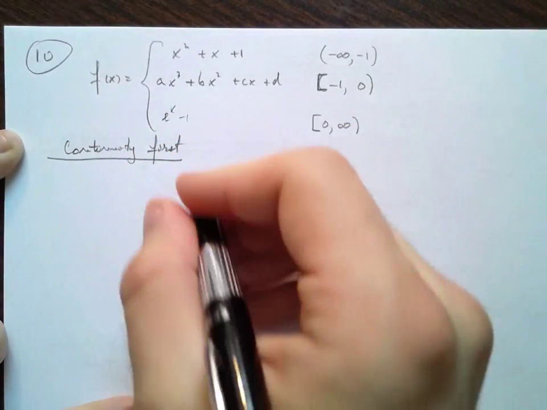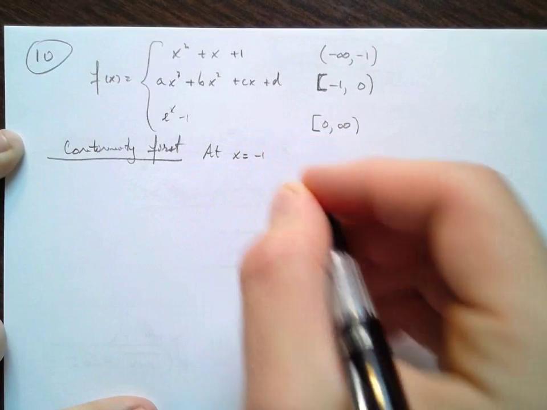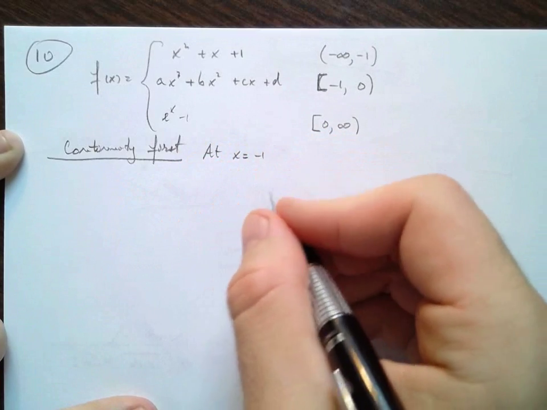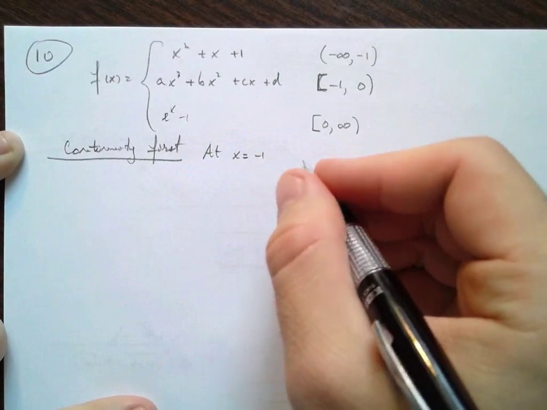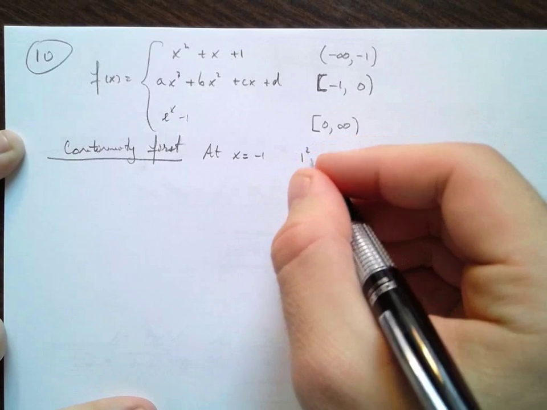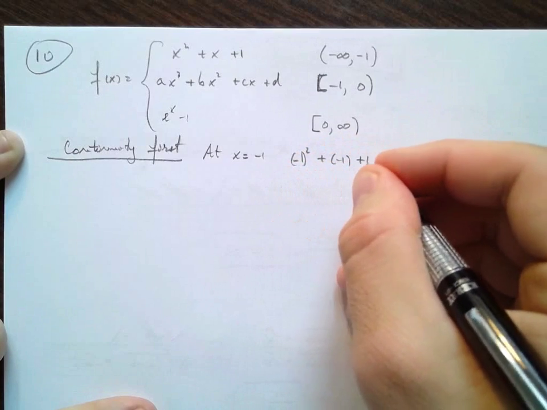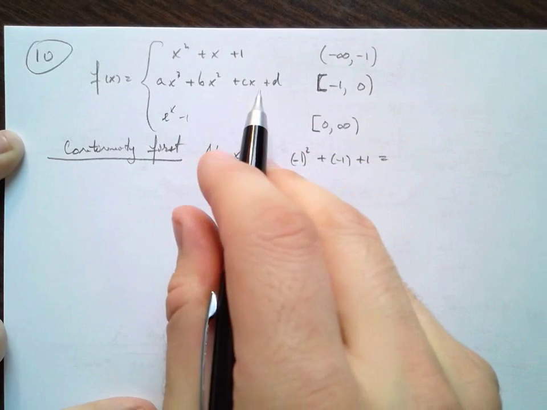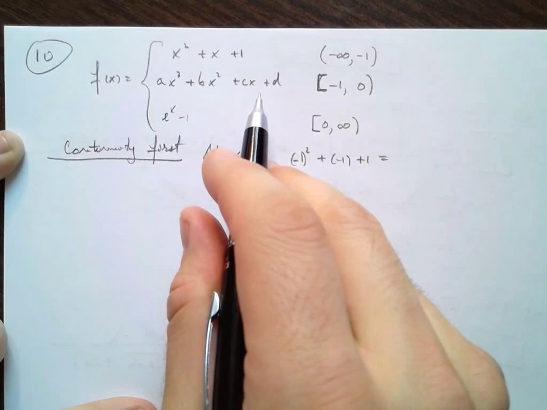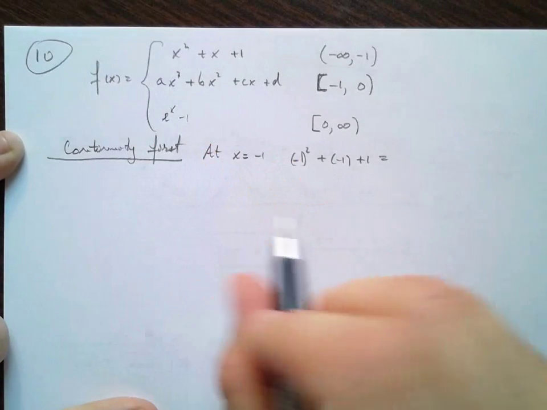And at the point x equals minus 1, we look at the limit from the left, right? So when I plug in minus 1 in the limit from the left, I get minus 1 squared plus negative 1 plus 1 should equal the limit from the right of this, which invokes this polynomial.